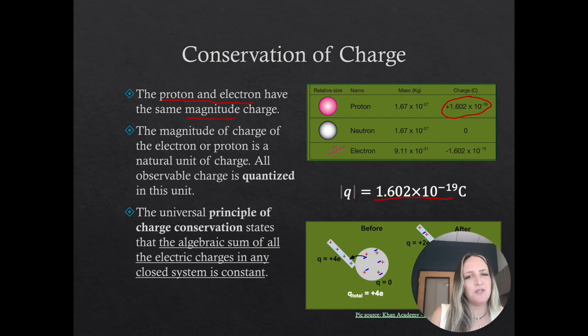So the conservation of charge is kind of a statement that the algebraic sum of all the charges in a closed system, okay, is constant. So you can move charges from circle guy to rod guy. Total number of charges is going to be 4, right? You can distribute it behind my picture here. Have 2 on the rod, 2 on the circle guy. Total charge is still 4. Okay? Charge is conserved.